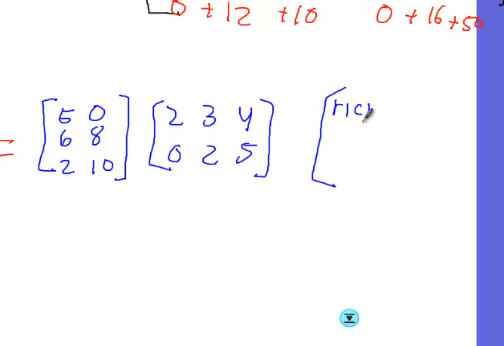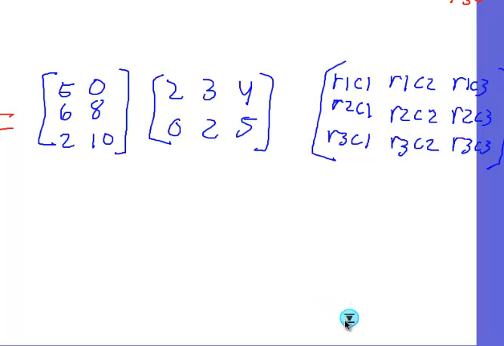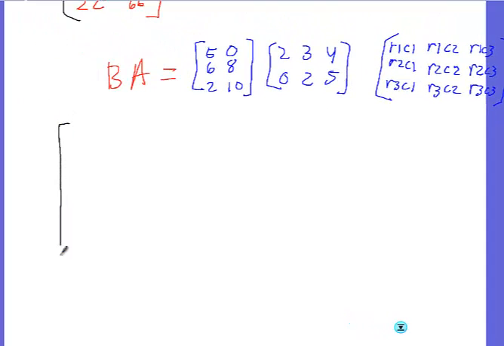So we know it's row 1, column 1, row 2, column 1, row 3, column 1, then row 1, column 2, row 2, column 2, row 3, column 2, then row 1, column 3, row 2, column 3, row 3, column 3. I just like to do that because it helps me when I multiply my matrices. Again, you don't have to, but it's nice so you know what your answer is going to be. Now let's draw a big matrix so we can get all our math in there.